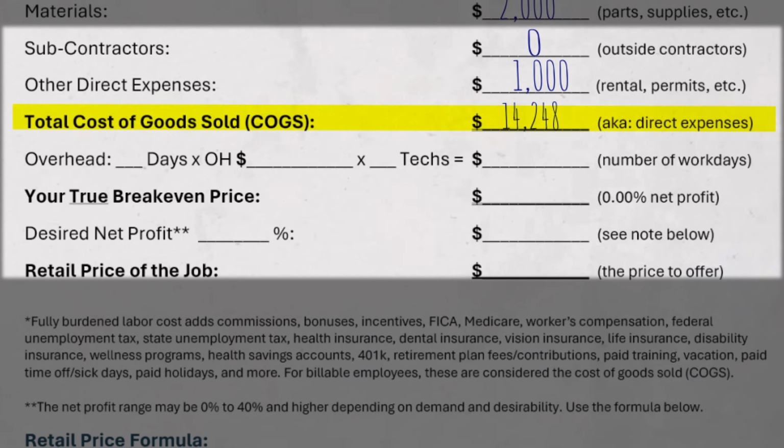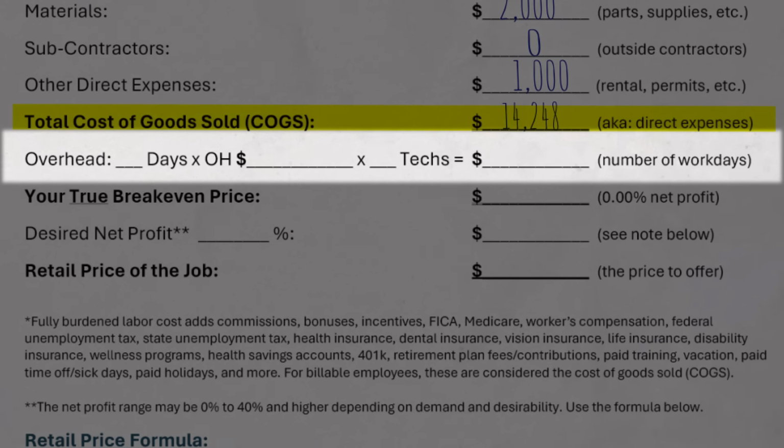As we saw earlier, we know that number. We want to write down how many days of overhead we have to cover. If this is a 2-day job, then we write 2 times overhead, which was $916.81, times 2 technicians.